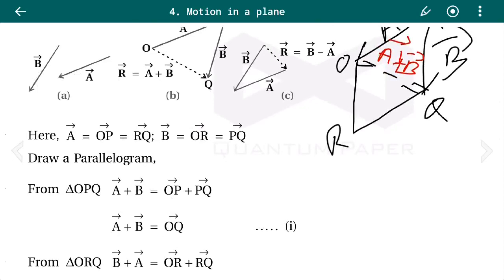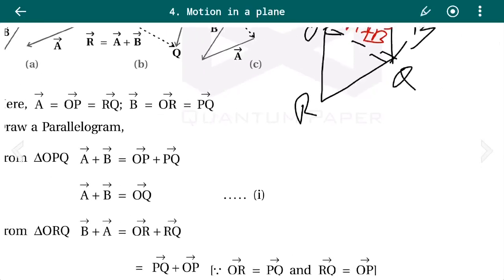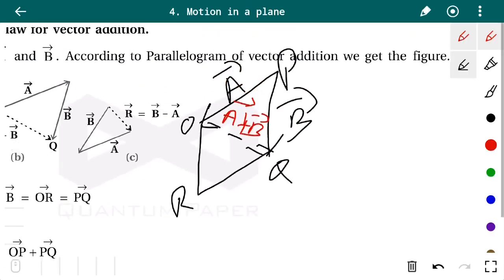Now considering the other triangle, that is triangle ORQ, in the same way we can write OR vector plus RQ vector is equal to OQ vector.